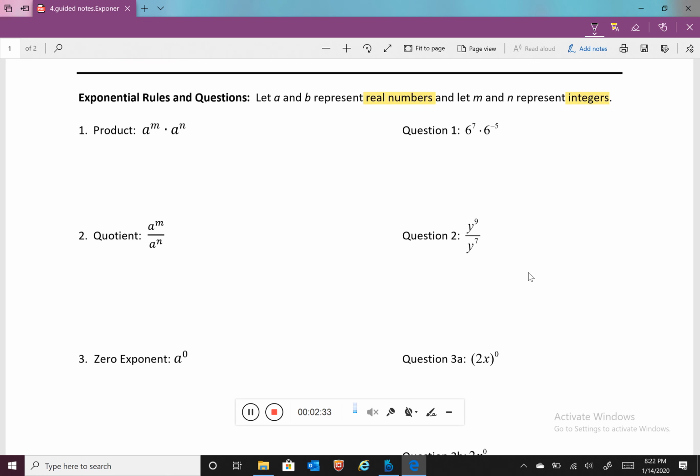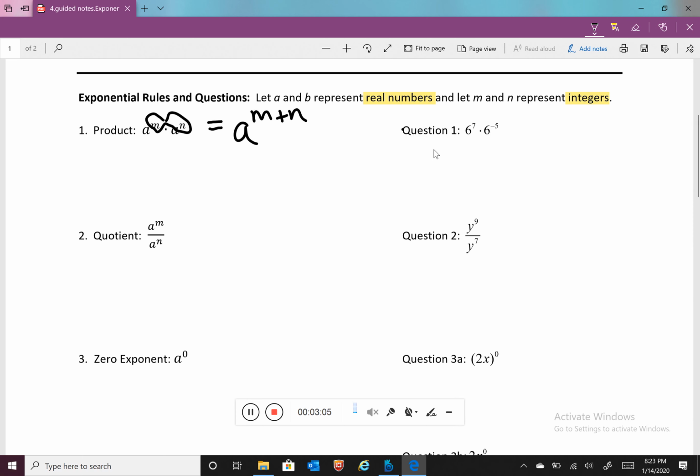The product rule states, like bases multiplied, we're going to add our exponents. So our exponents are M and N. A raised to the mth power times A raised to the nth power is going to give us A raised to the M plus N. And so you will have a question right here, question number 1.